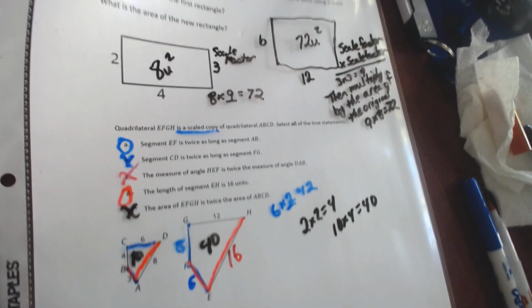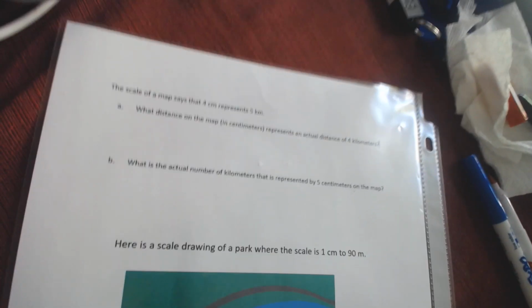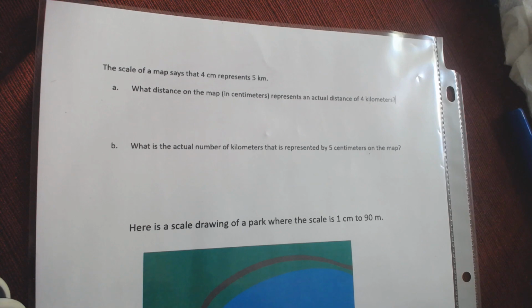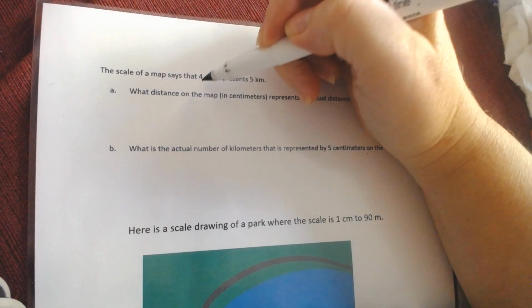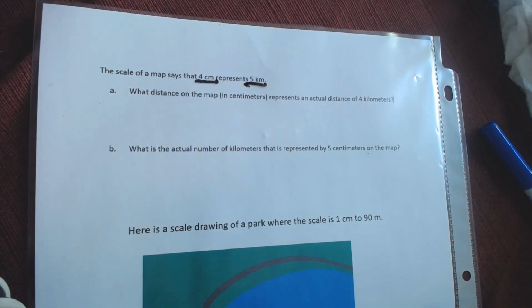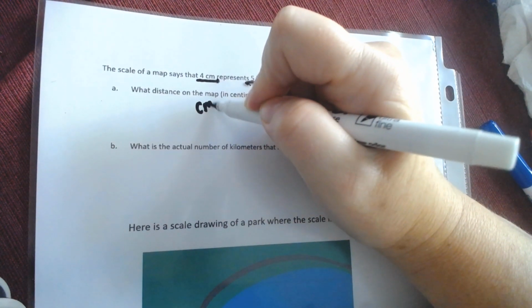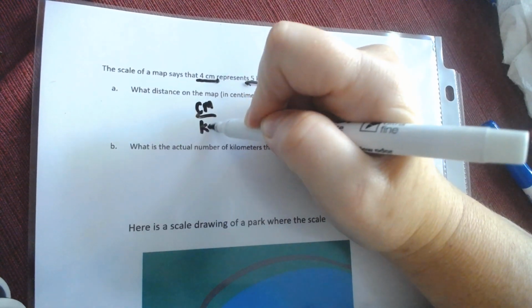Okay? We're going to do one more question together, and then you can have your classwork. So, the scale of a map says that 4 centimeters represents 5 kilometers. So I'm going to set up a ratio. You remember ratios from last year. Centimeters over kilometers.